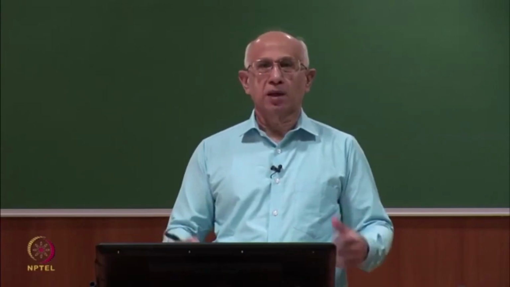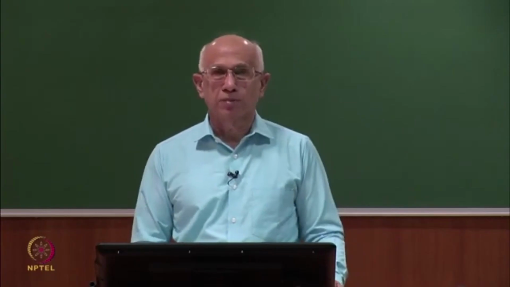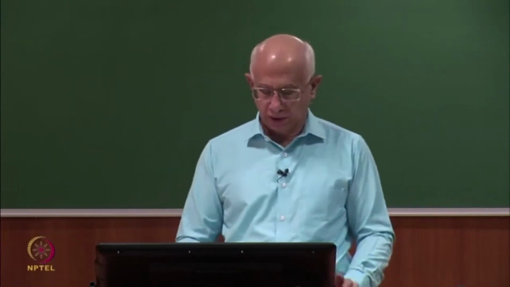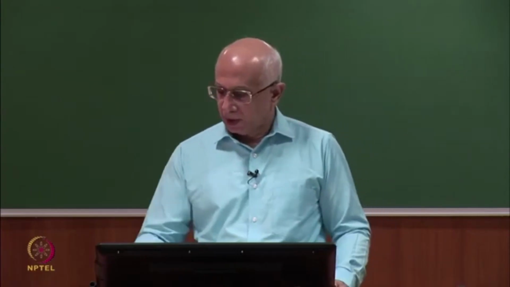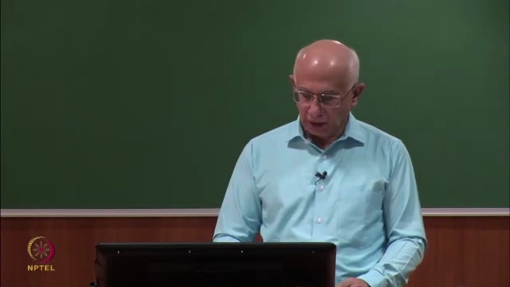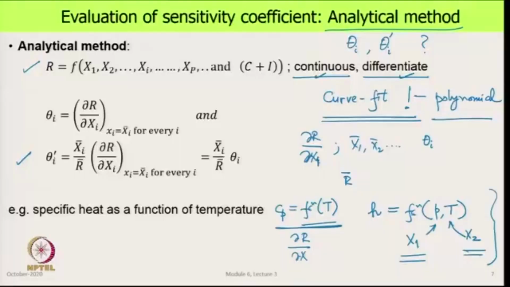So, you have to patiently sit and do one at a time, or these days there are enough programs where you just input the function and tell it what to do, and it does everything for you. In some sense, life has become very easy in that sense. So, this is the analytical method for calculating the sensitivity coefficient as well as the non-dimensional sensitivity coefficient or UMFI.